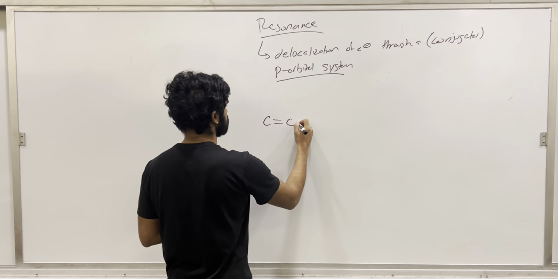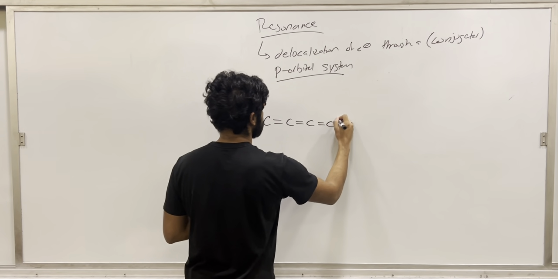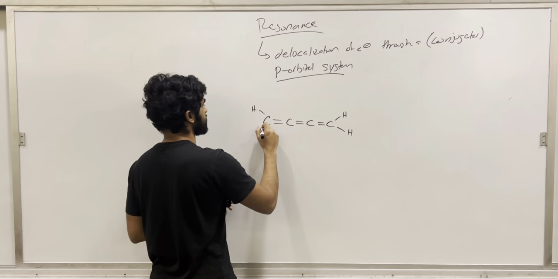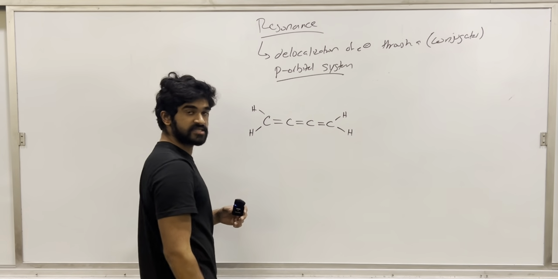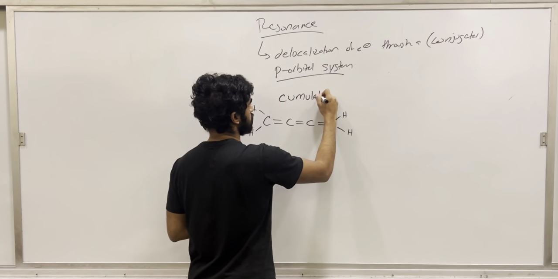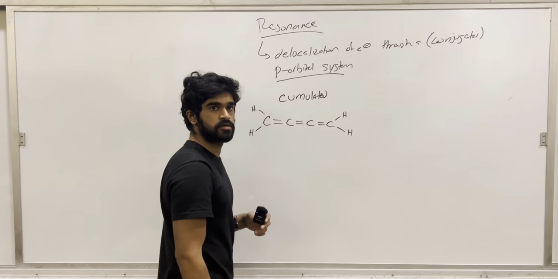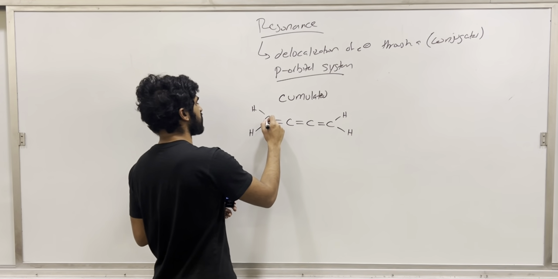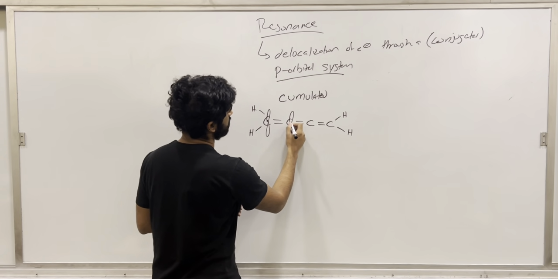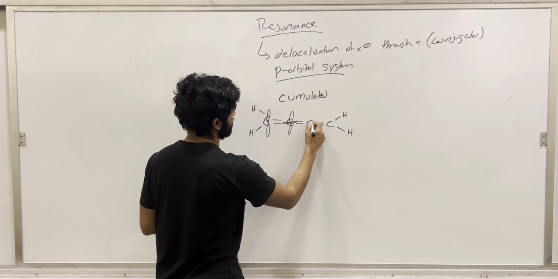This is not a conjugated system. This is called a cumulated system, where you have a p-orbital like this that binds to a p-orbital like this, and then you have one here that goes like this and bonds to one like this.